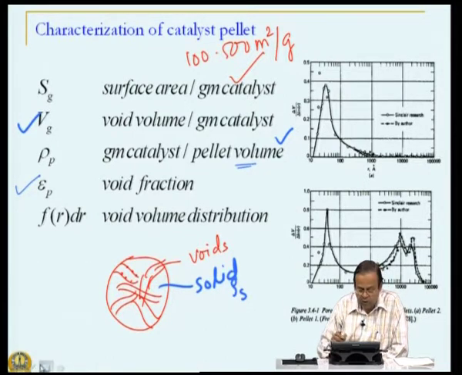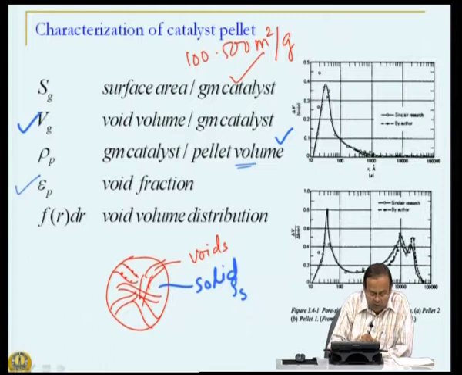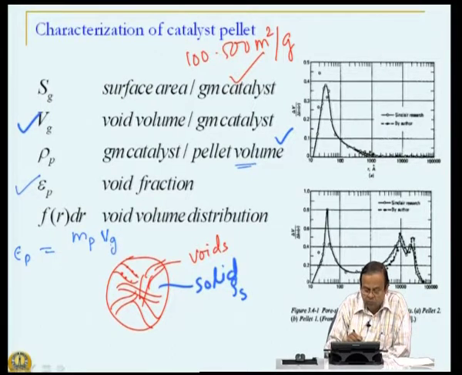So, for example, we could write epsilon p as the mass of the catalyst pellet times the void volume. So, gram of catalyst into the void volume Vg. So, that is the total void volume divided by the volume of the pellet.